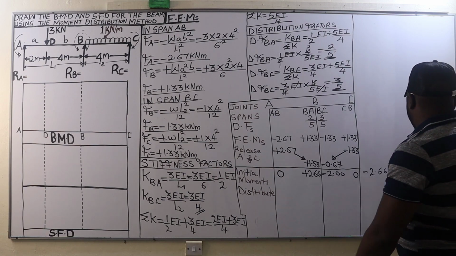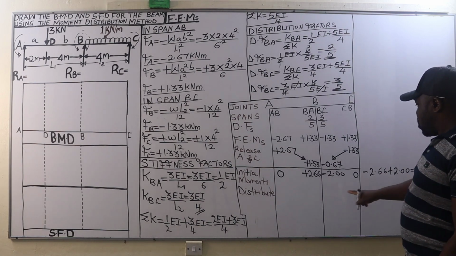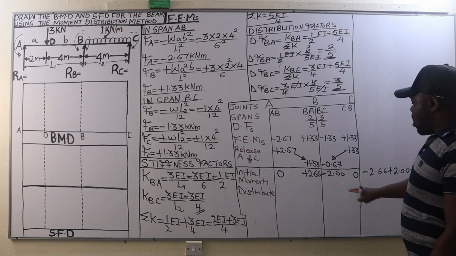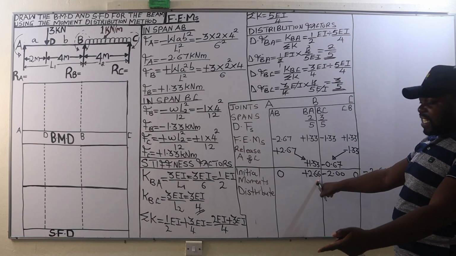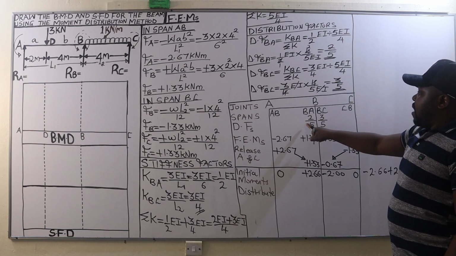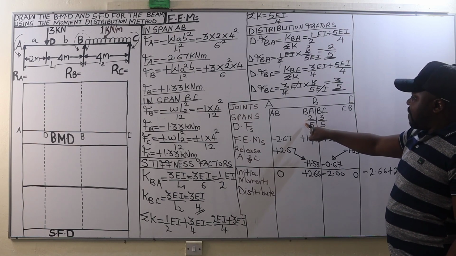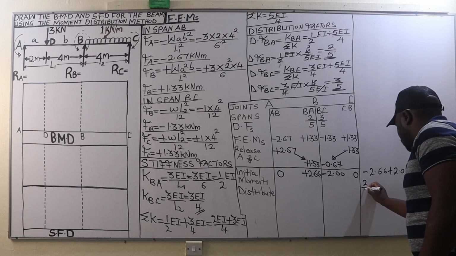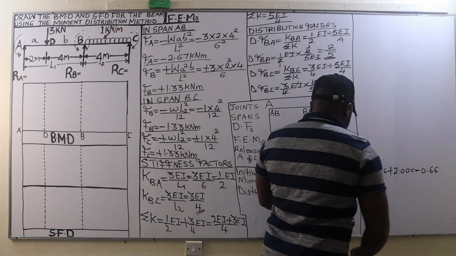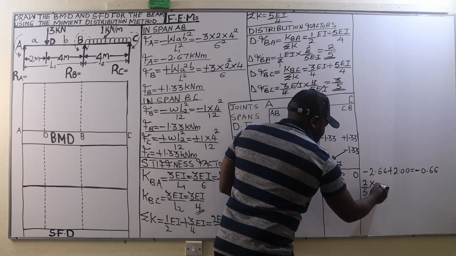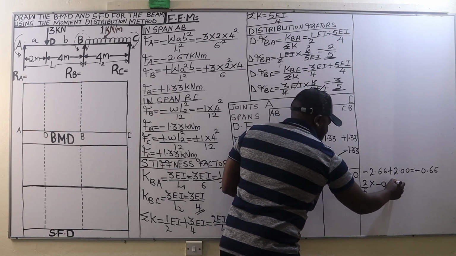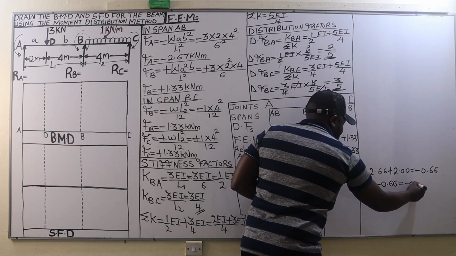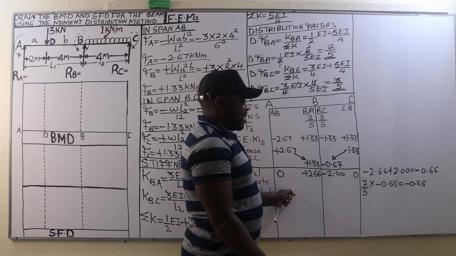So we are going to distribute this excess moment of negative 0.66 at joint B, on the left hand side, by the distribution factor of 2 over 5. 2/5 of negative 0.66 gives us negative 0.26.